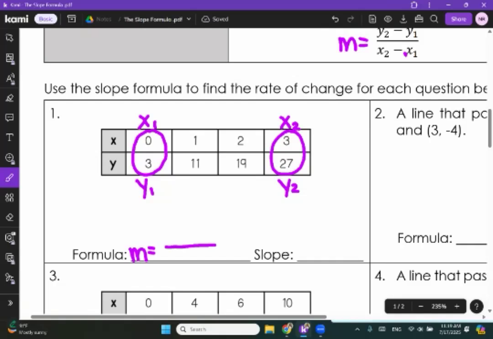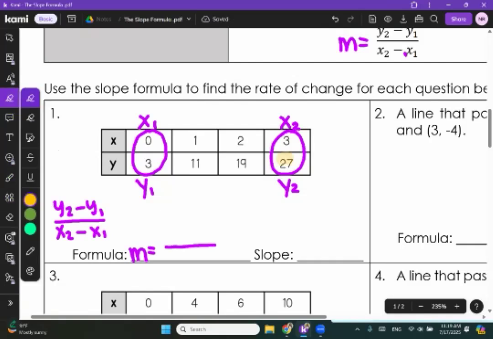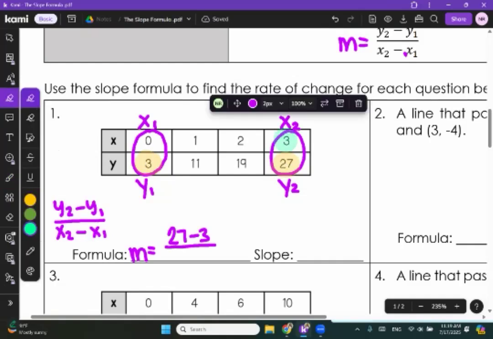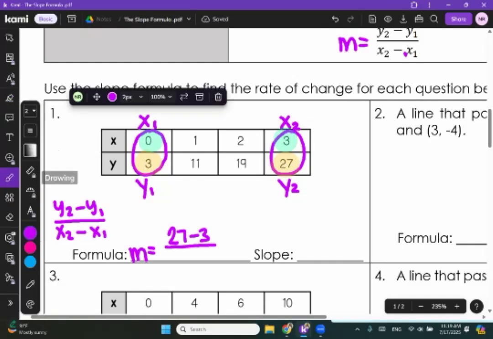Our formula states that we need to subtract the second minus the first. So our second y value is 27 minus 3. And our second x value is 3 minus 0.